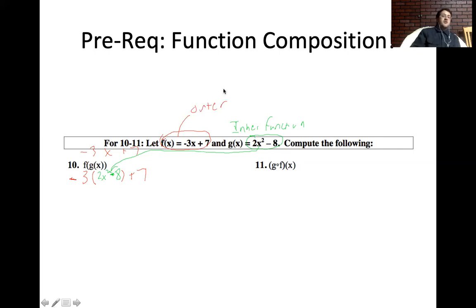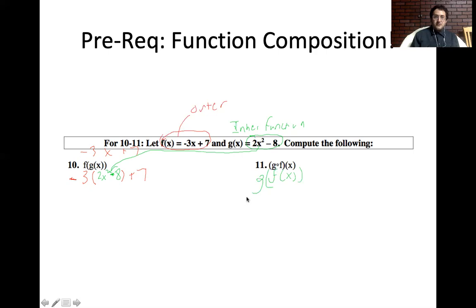Now let's say we go the other way around, and I'm going to show you another composition notation here. What this really is on number 11 is we're doing g of f of x. So the outer and the inner become mixed up.